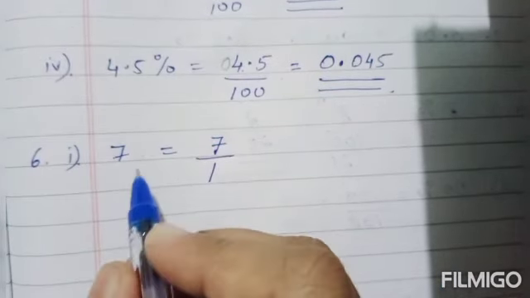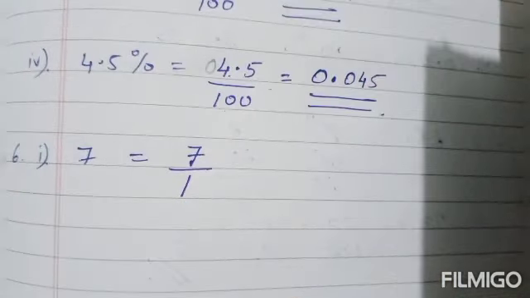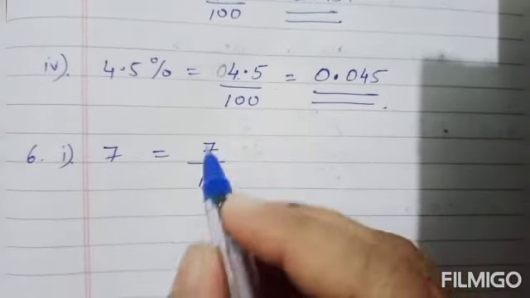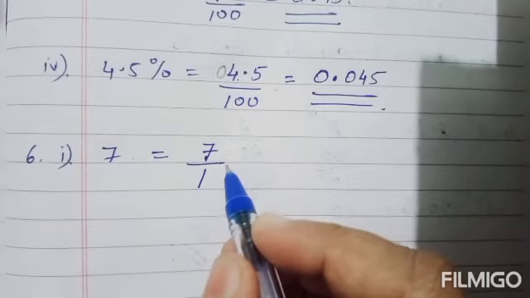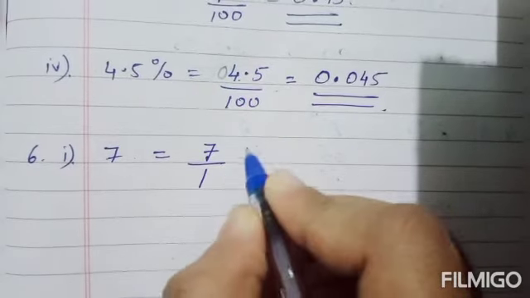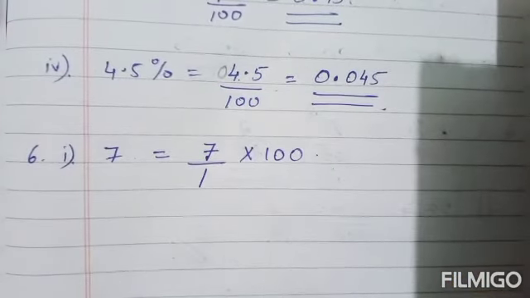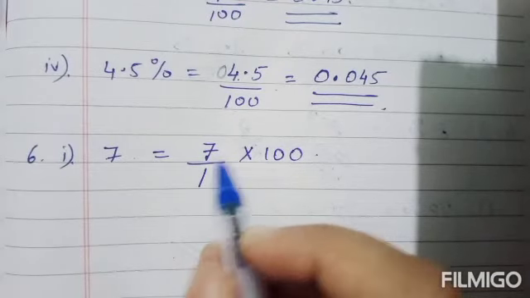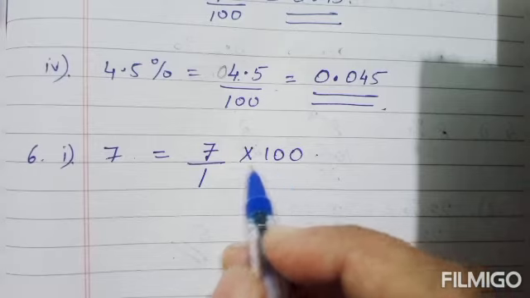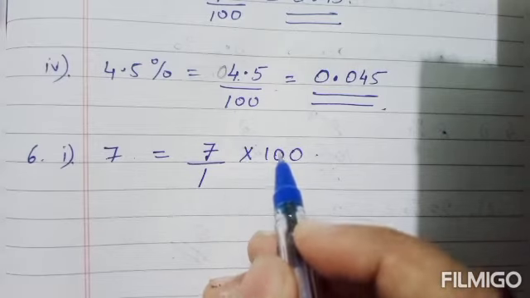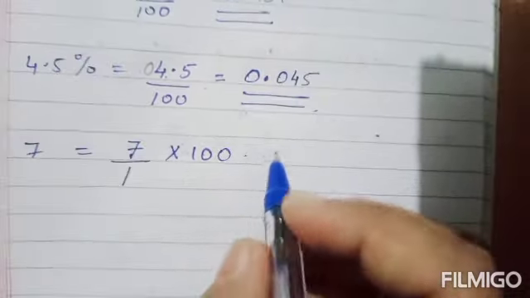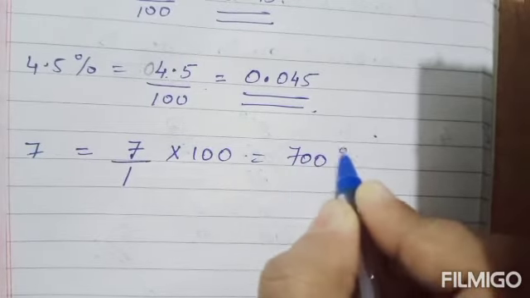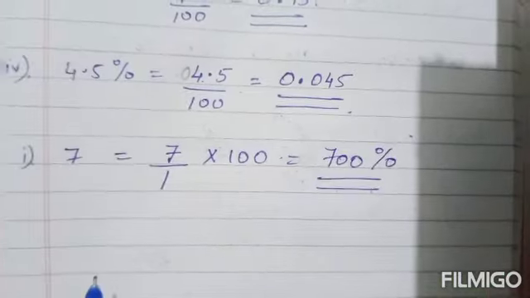Now how can you convert a given fraction to percentage? Just multiply by 100. In order to convert a fraction to percentage, just multiply the fraction by 100. That we know. So what you will get? 7 into 100, it is 700 percentage.